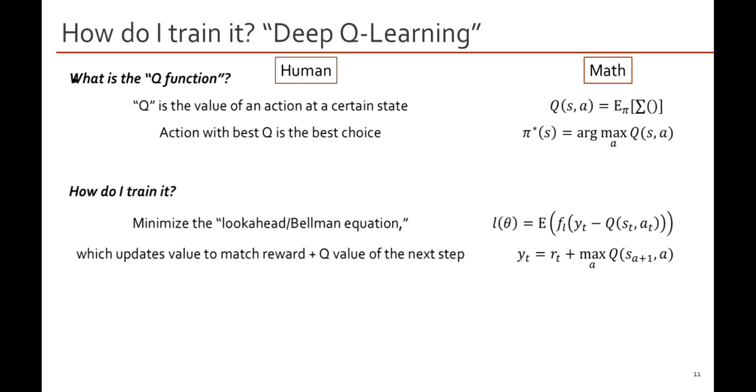And we learn it using that look-ahead or Bellman equation approach that we described earlier, where I look at my observed value for moving to the next state, given a certain state and action that were chosen, and I express that state's value by looking at the reward that I observed and then adding in some value that's equivalent to the predicted next state.